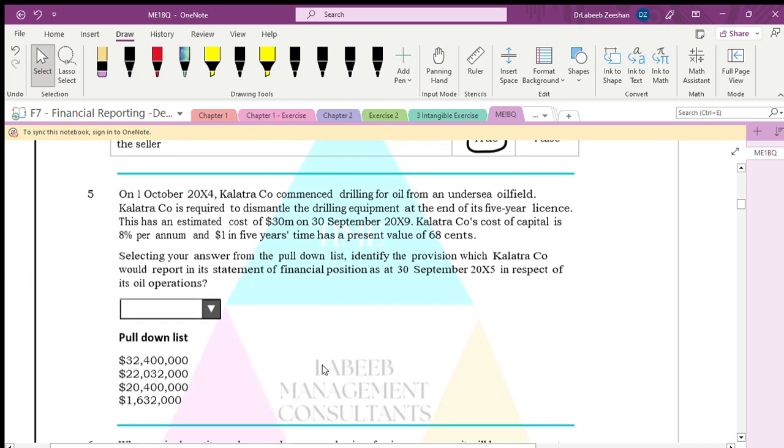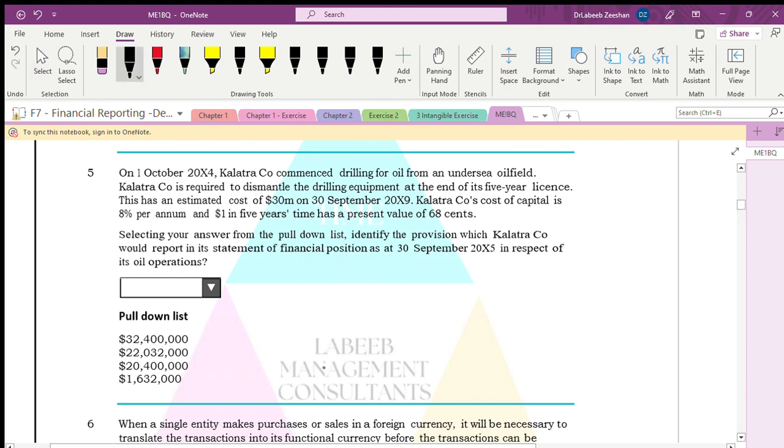Now, what they say: on October 1st, 2004, Kalatra company commenced drilling oil from an undersea oil field. Kalatra is required to dismantle the drilling equipment after 5 years of license. This is estimated at 30 million.